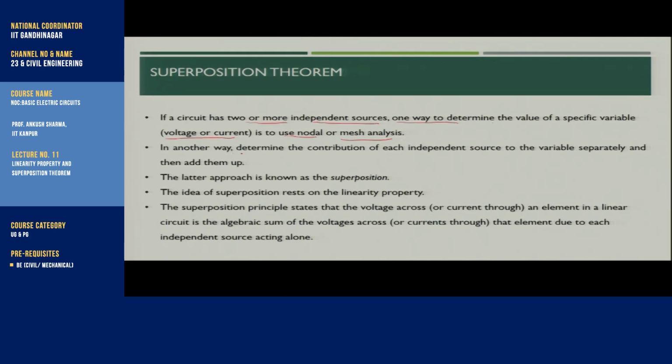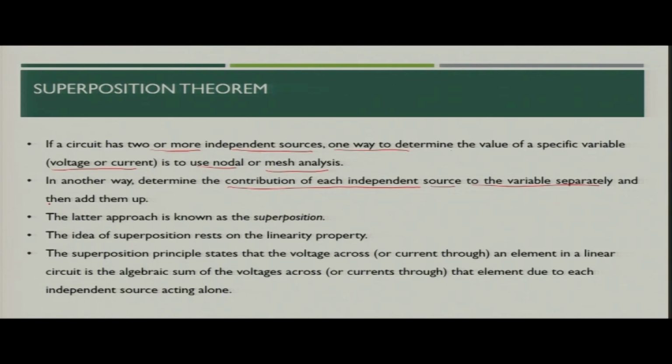Another way is to determine the contribution of each independent source to the variable separately, and then add them up to get the final variable value. When you determine the contribution of each independent source separately and then add them up, it is called the superposition theorem. So, what do you do in case of the superposition theorem?